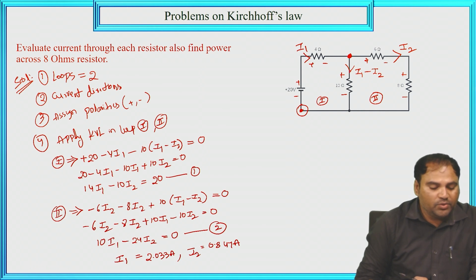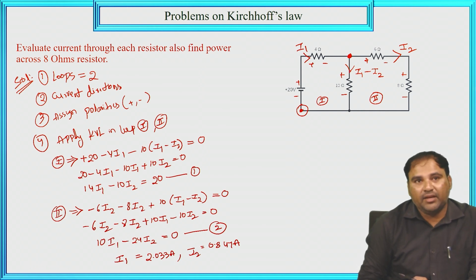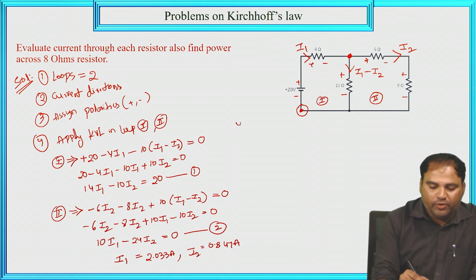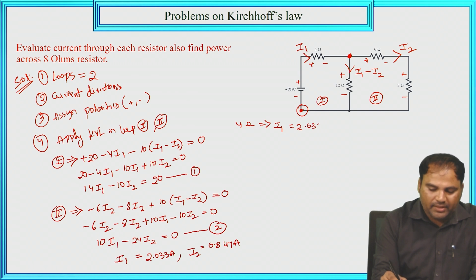So here is the question: evaluate the current through each resistor, meaning at 4 ohm, 6 ohm, 8 ohm, and 10 ohm. At 4 ohm, the current is I1, equal to 2.033 amperes. At 6 ohm and 8 ohm, the current is I2, equal to 0.847 amperes.